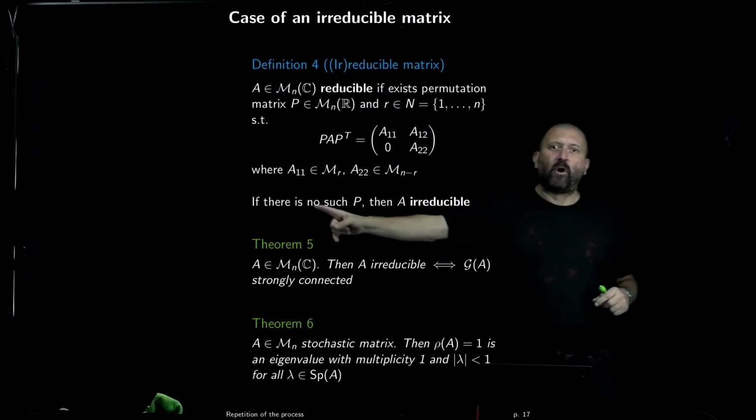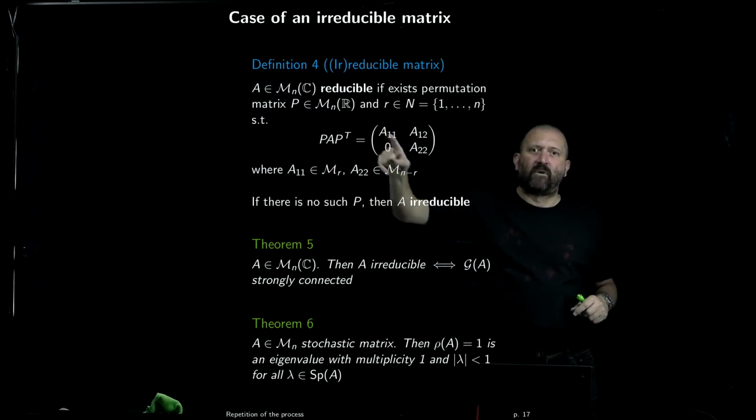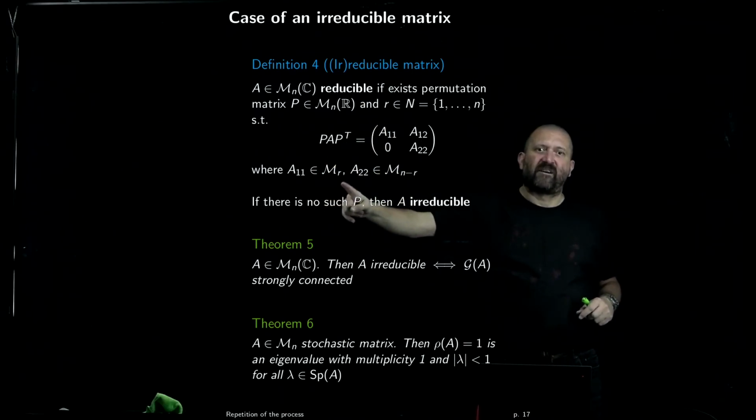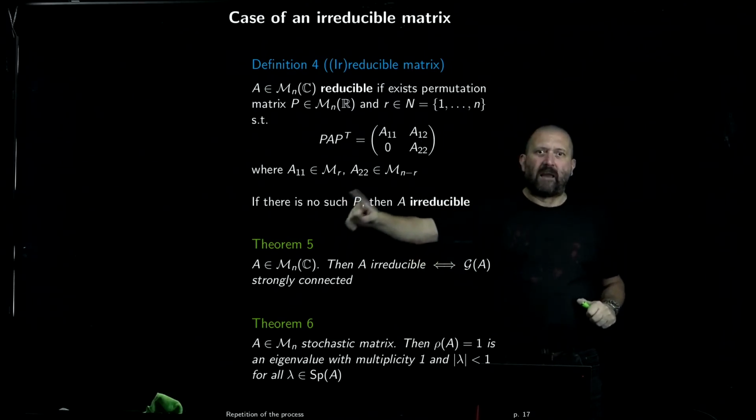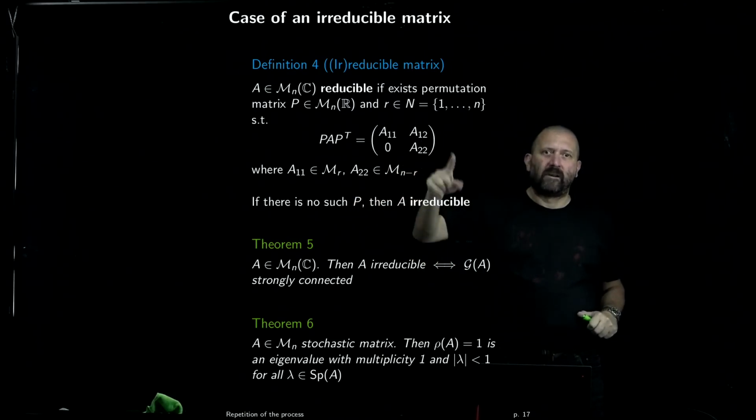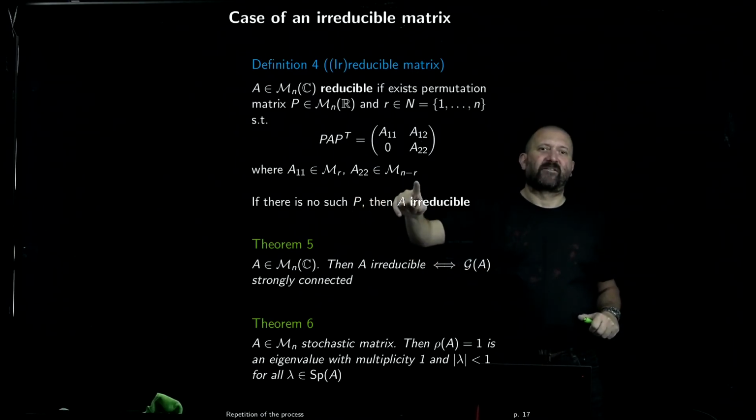The top left block A11 is r by r, and the bottom right block A22 has dimension n minus r.